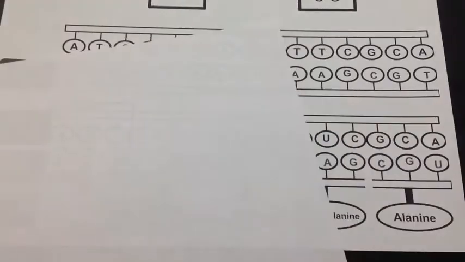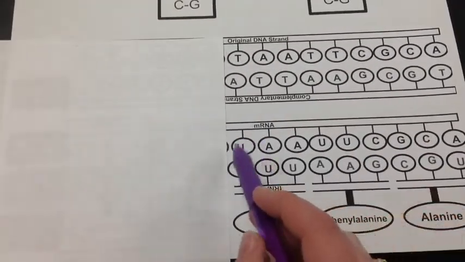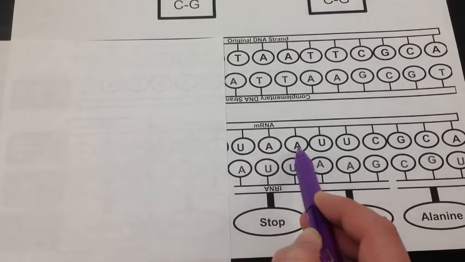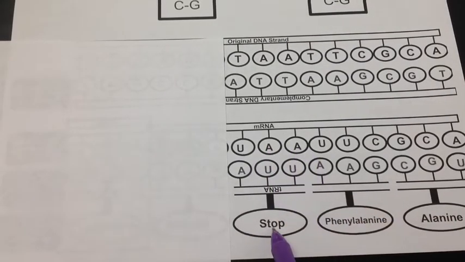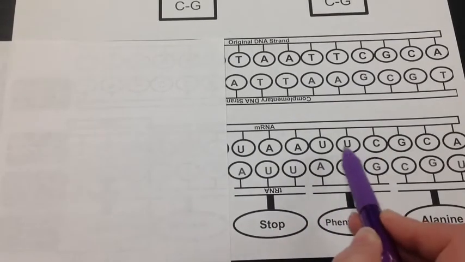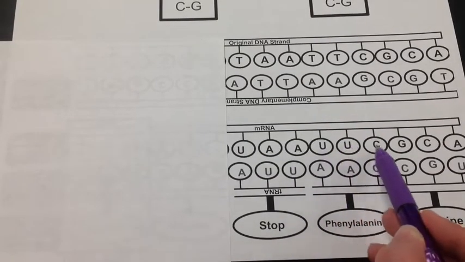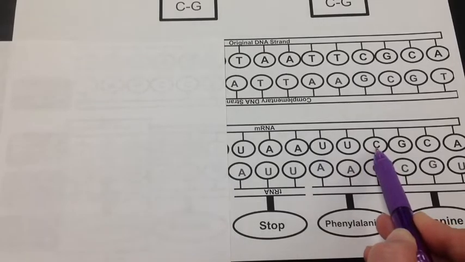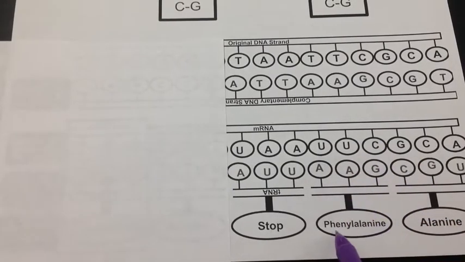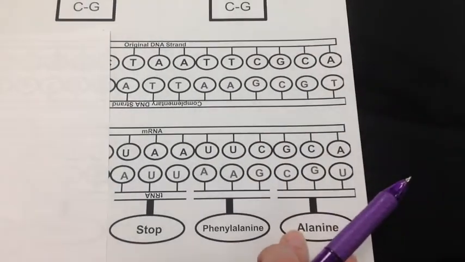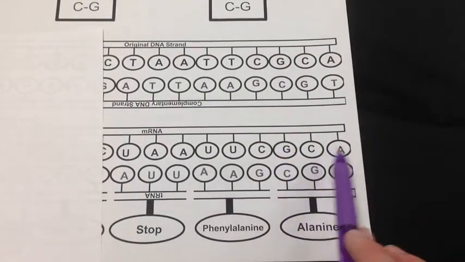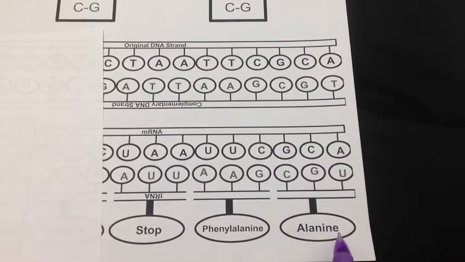Next one, UAA becomes stop. UUC becomes phenylalanine. GCA becomes alanine.